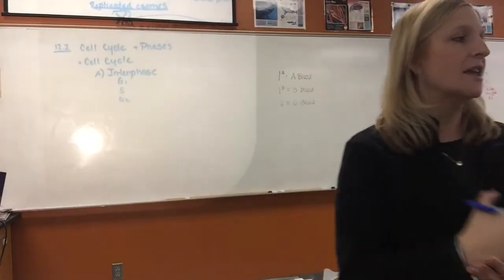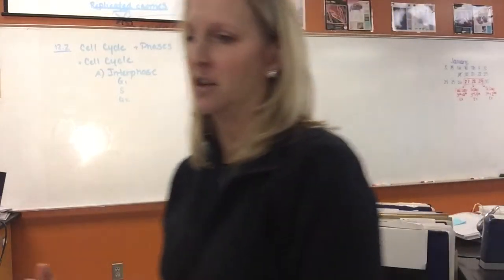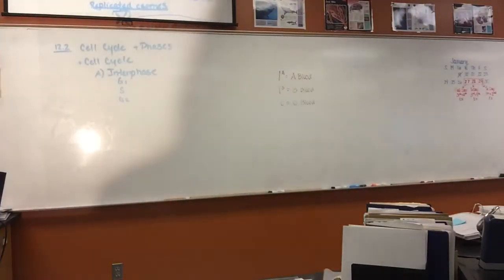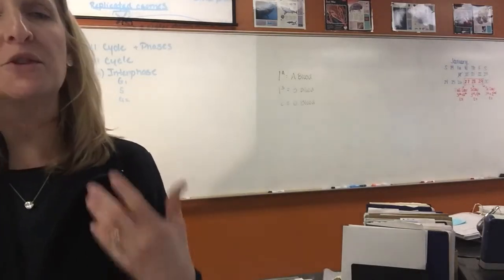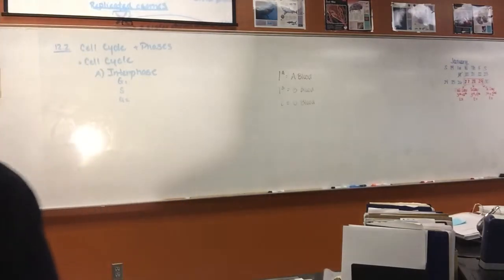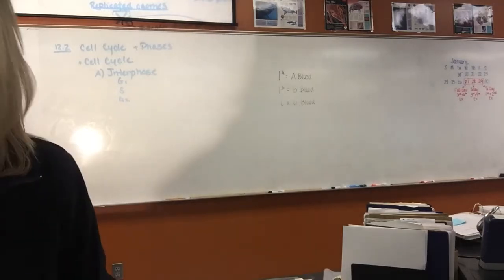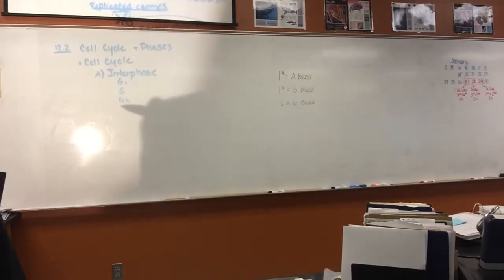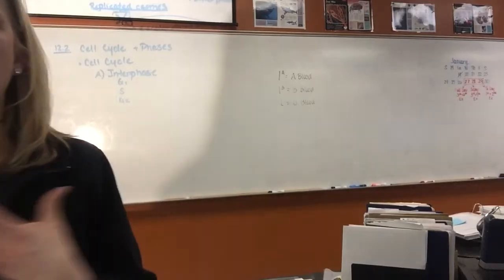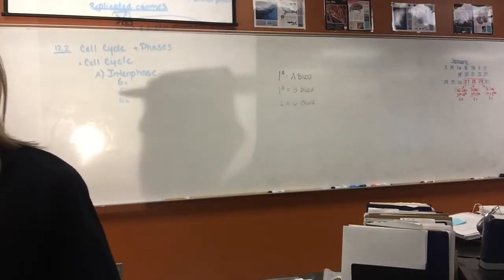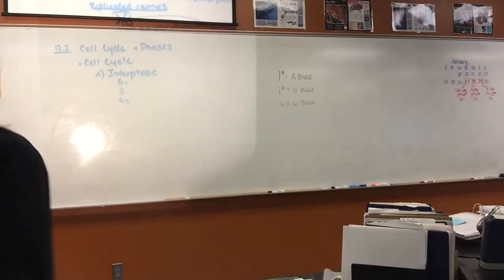Interphase is a cell prepping for cell division, so it's getting ready to divide. In G1, the cell grows. What happens during the S phase? DNA replicates, right? The synthesis of DNA, and then in G2 it grows some more. So it's prepping for division. You need to know what happens in each one of those.